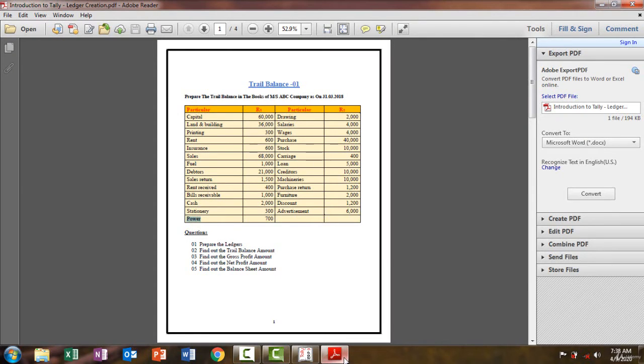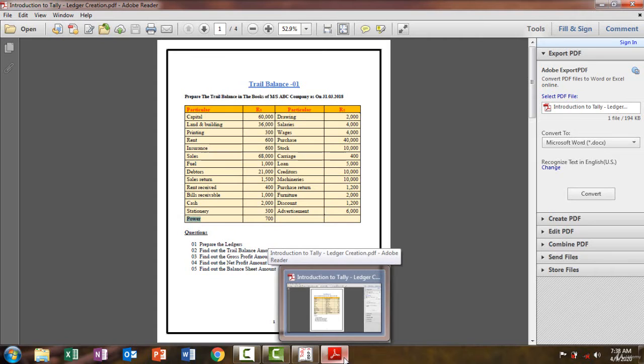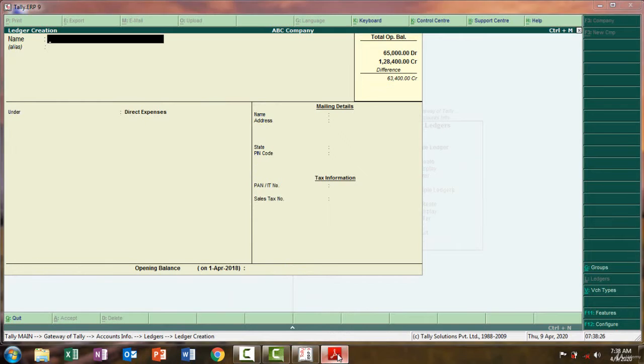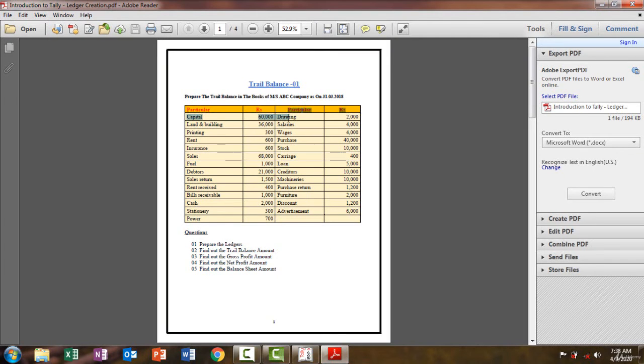Okay, so the next one is drawing, 2000. It means that the owner took money from the company, so they have to deduct it from their capital. So that's why I'm going to type here the drawing. I'm going to create the drawing account.